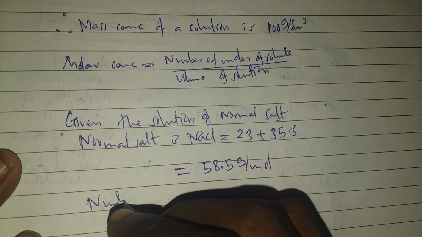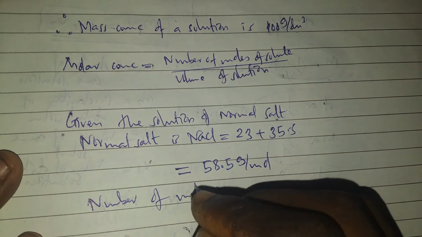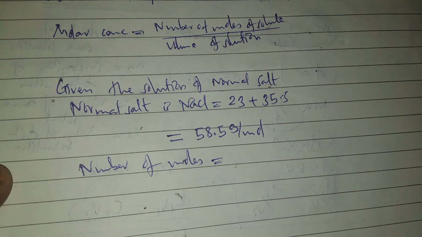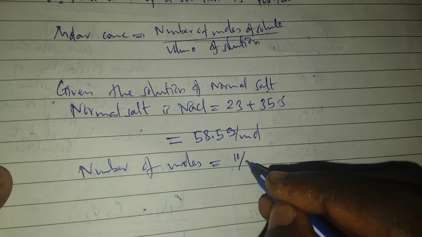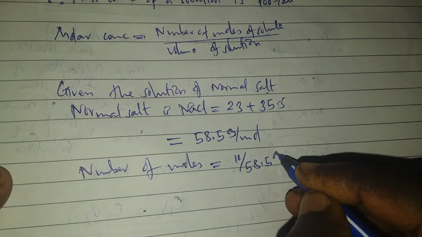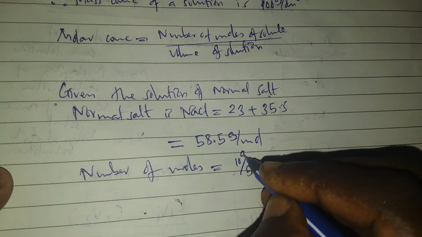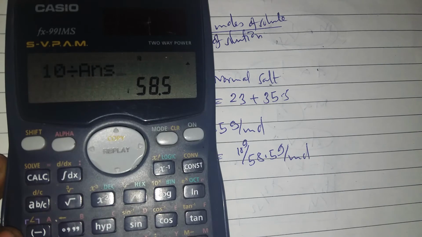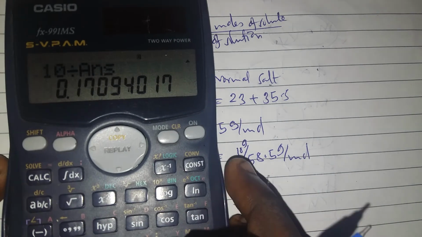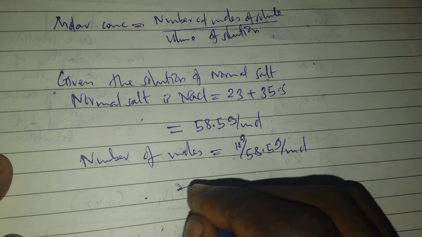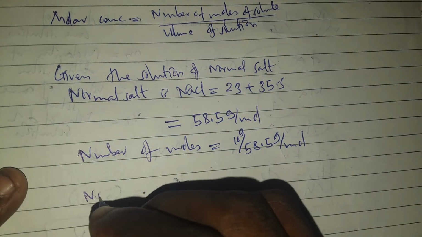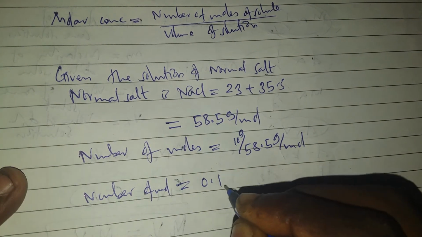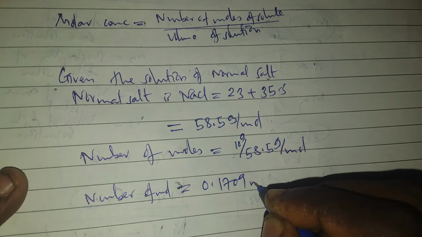So number of moles itakuwa sawa sawa na gram zetu tulizopewa, 10 gram, kwa 58.5 gram per mole. So ni 10 divided by 58.5, tulikuwa nayo 0.1709. So tutapata number of moles ni sawa sawa na 0.1709 moles.